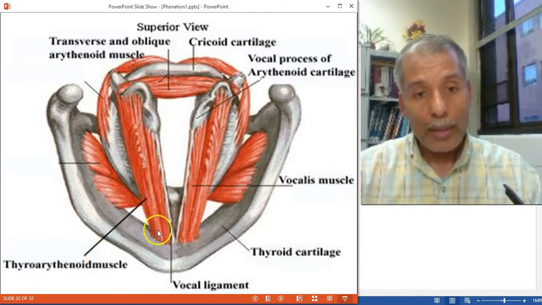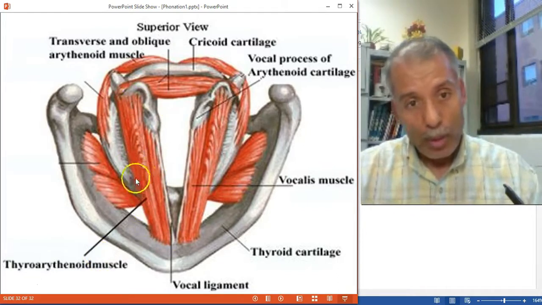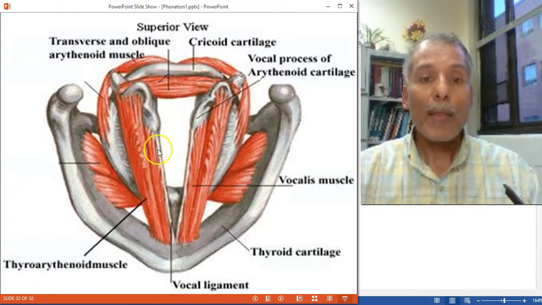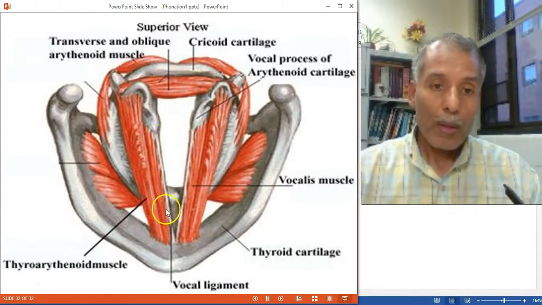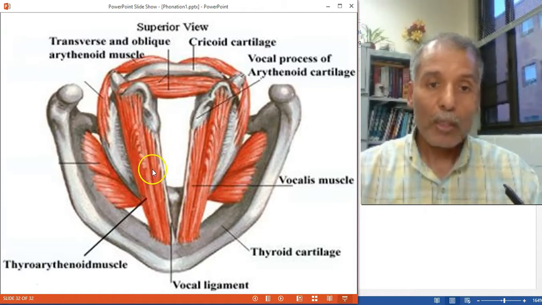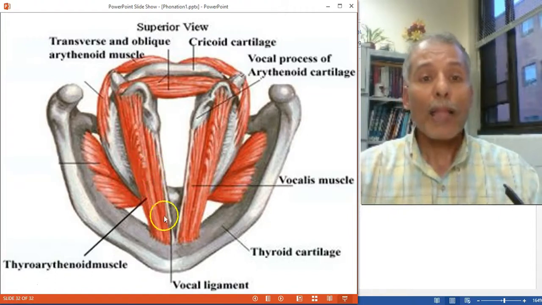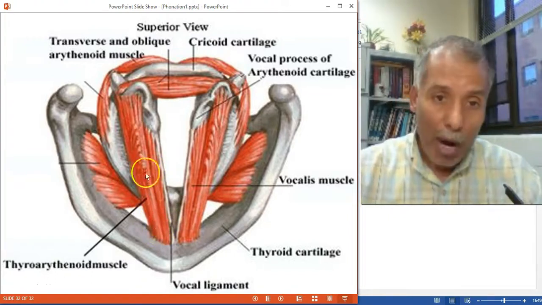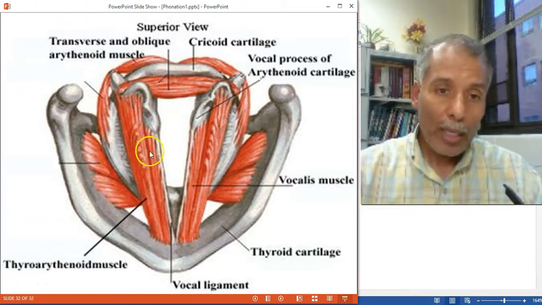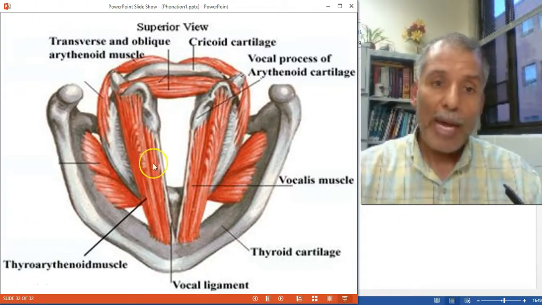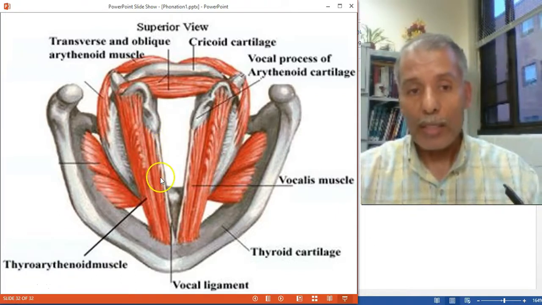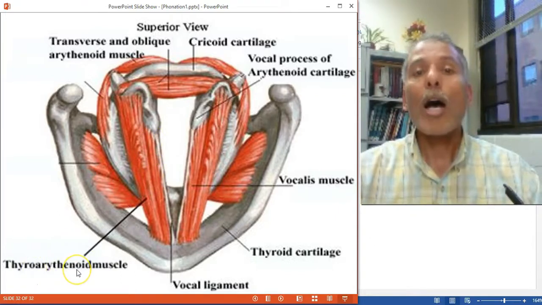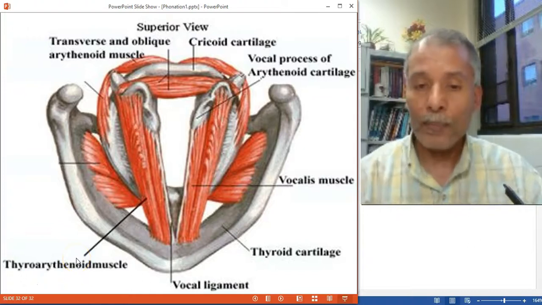So the entire muscle of the vocal fold, both parts, and the arytenoid and that vocal ligament, all of these three segments are called the vocal fold. And that vocal fold muscle, both the thyromuscularis and the thyrovocalis, is called the thyroarytenoid muscle.